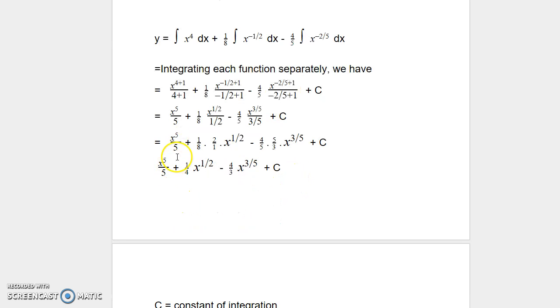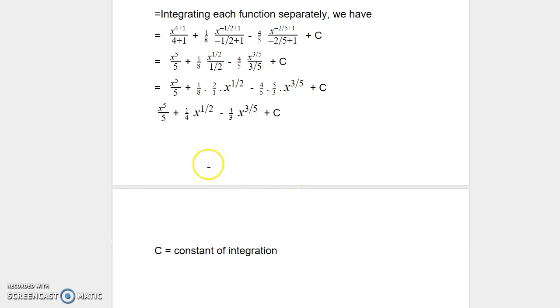When we simplify it some more, x to the power of 5 divided by 5 plus 1 over 8 times the denominator 1 over 2 flips over as 2 over 1 times x to the power of 1 half, minus 4 over 5. The 3 over 5 in the denominator, we can write as 5 over 3 by the side of this equation, times x to the power of 3 over 5, plus c.